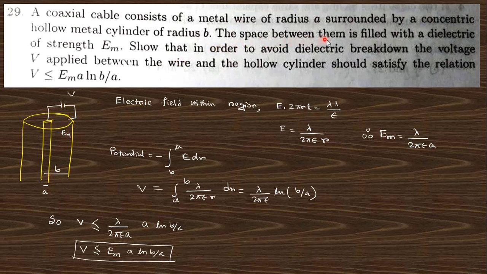The space between is filled with a dielectric with this dielectric strength, so that in order to avoid dielectric breakdown, the voltage V applied between the wire and the hollow cylinder should satisfy the relation that is given. So the applied field is such that the dielectric does not break down. So this is the maximum value of potential such that the dielectric does not break down. So this is the limiting value.